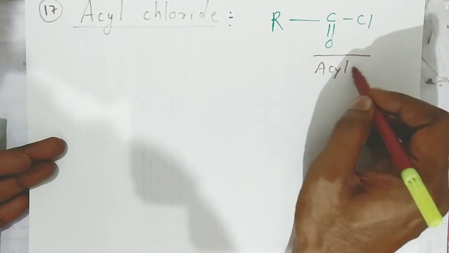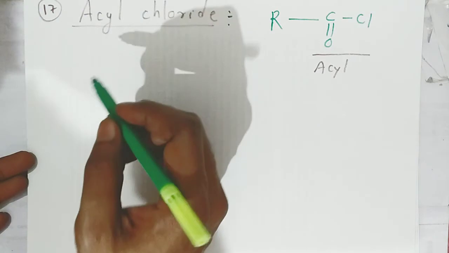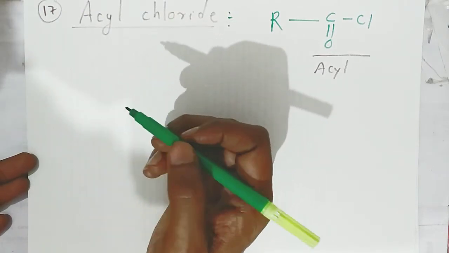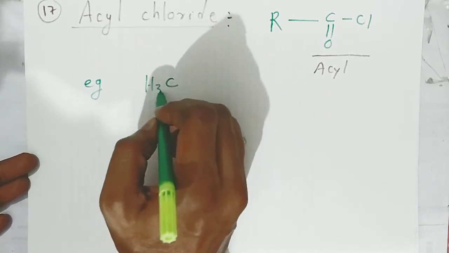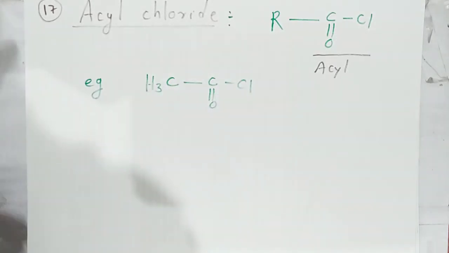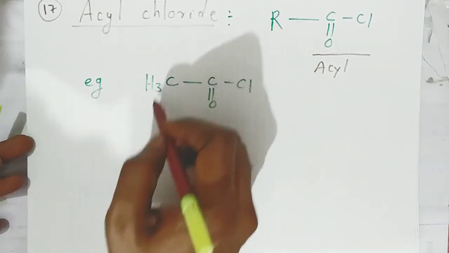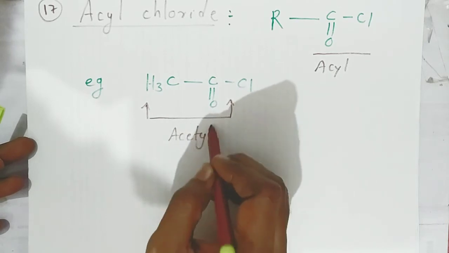We call it acyl, acetyl. Example, students, this is the methane. Hydrogen of this methane now we are replacing with the acyl group, COCl. The name, because this is acetyl, is acetyl chloride.